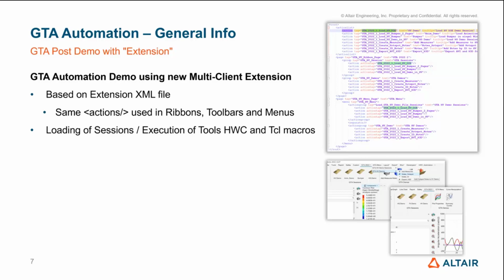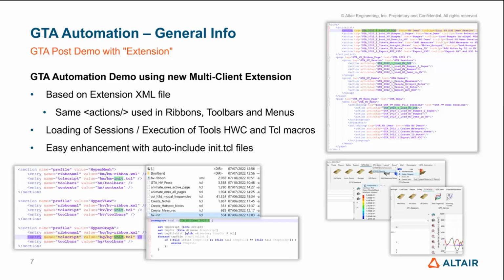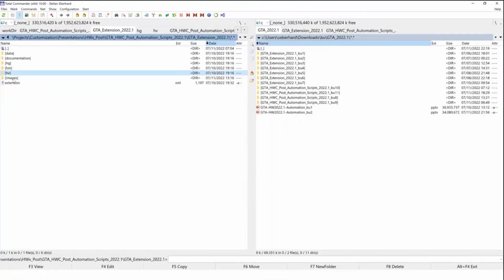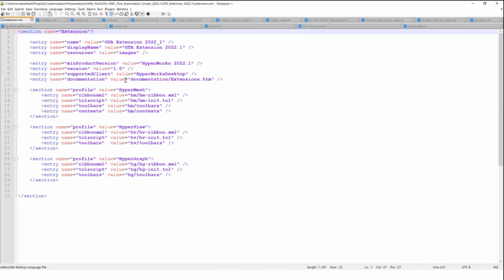I will use this for loading the sessions, executing HWC code and TCL macros, and I will also show you quickly inside of this some little tips and tricks. So the first thing is, this is the main code for the extension.